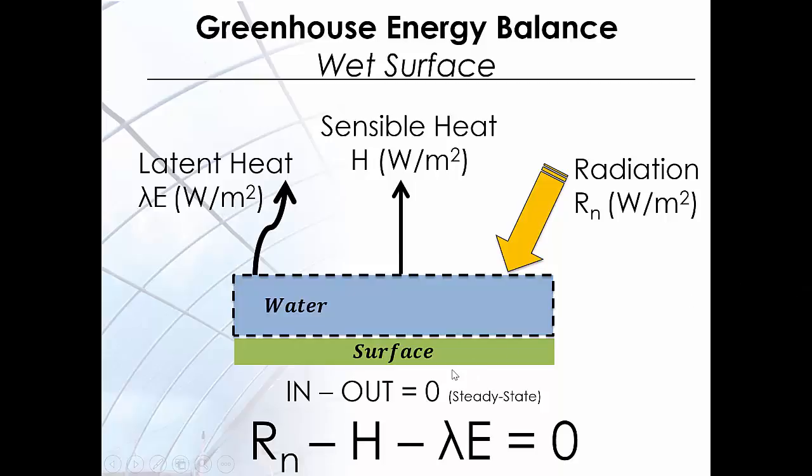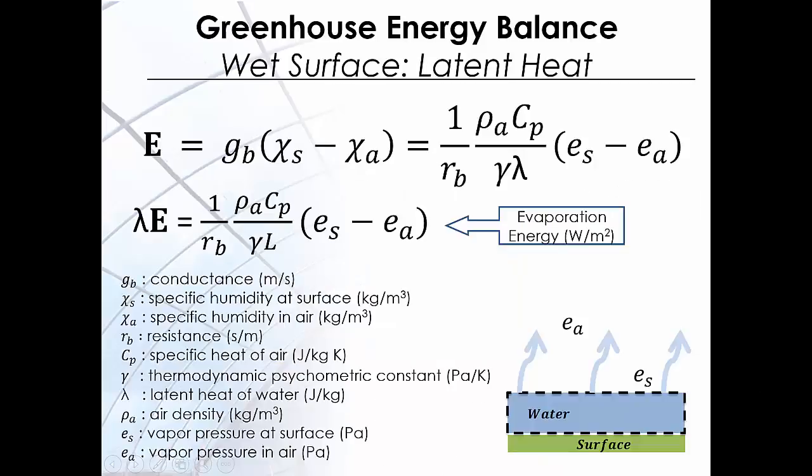We can write the energy balance as the net radiation exposed to the surface minus the sensible heat component and minus the latent heat, the evaporation component, and that equals 0. We can evaluate the evaporation term that appeared in the water vapor balance of the wet surface that we described in the previous slide.